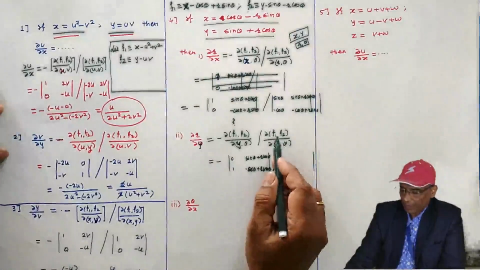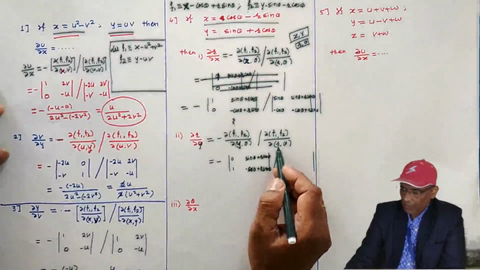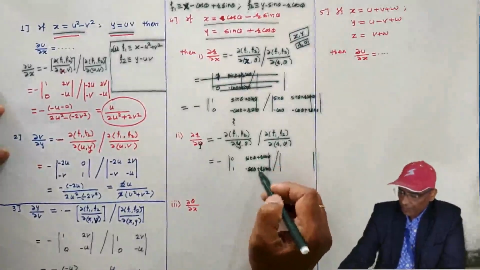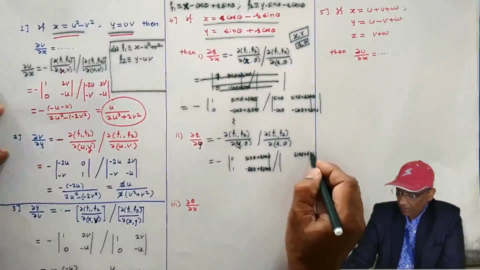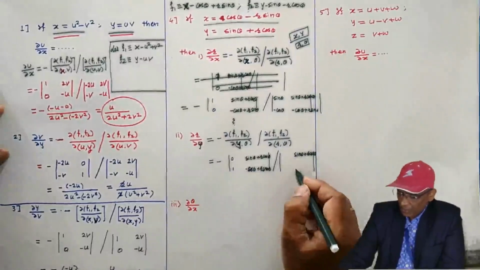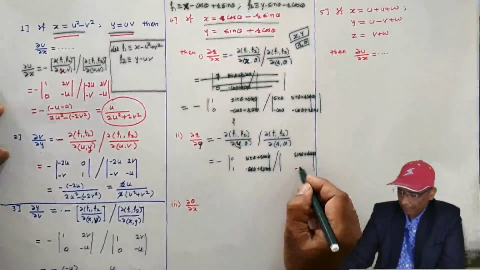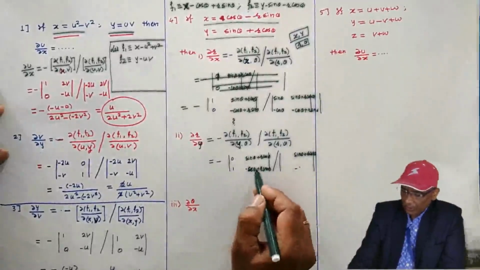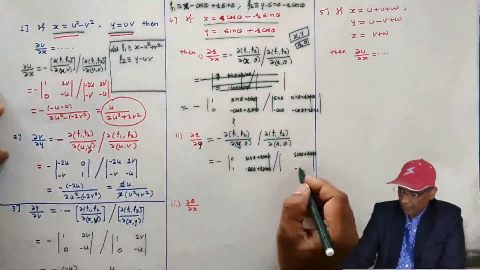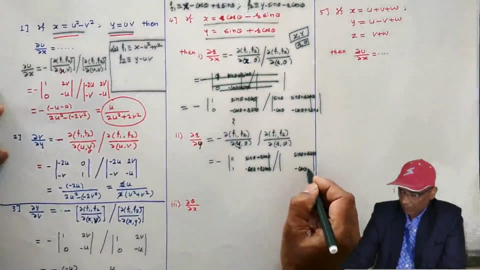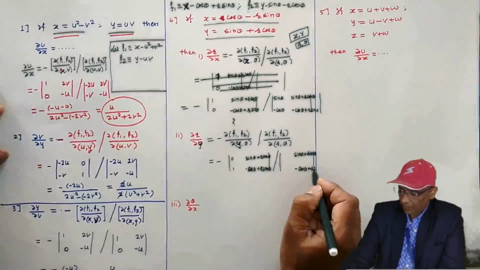Now the denominator. The derivative of f1 with respect to r, this second column is always the same: sin theta plus r cos theta. Then del f2 by del theta means minus cos theta, plus r sin theta.